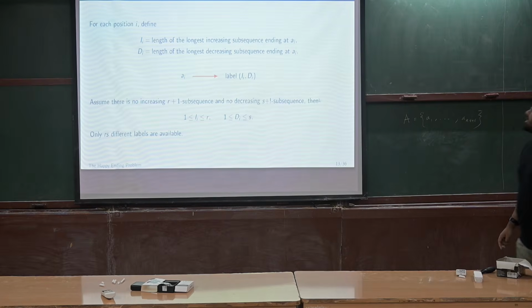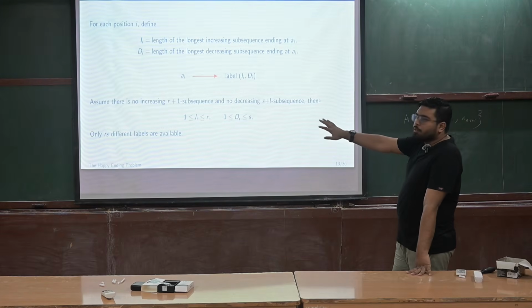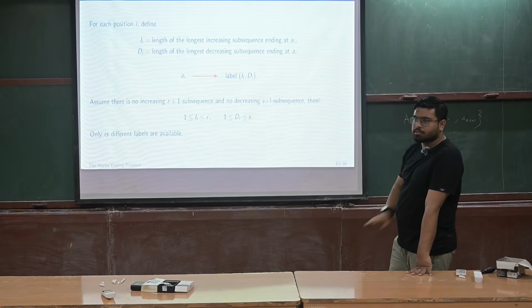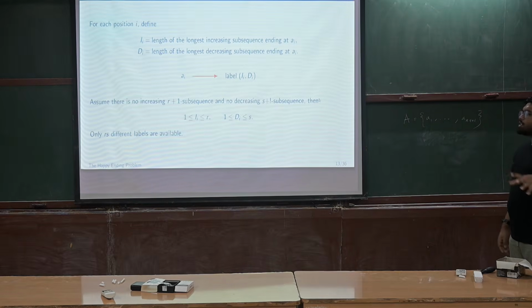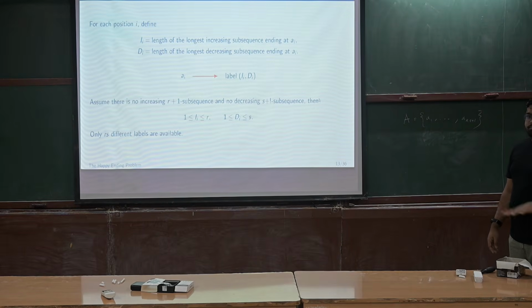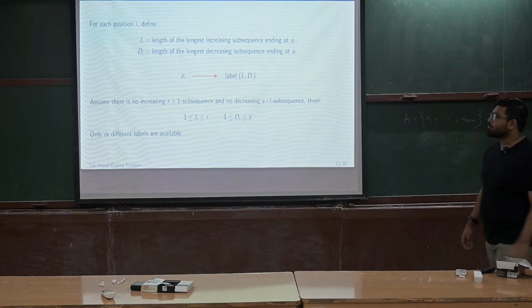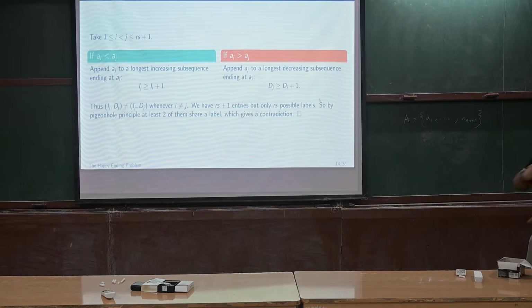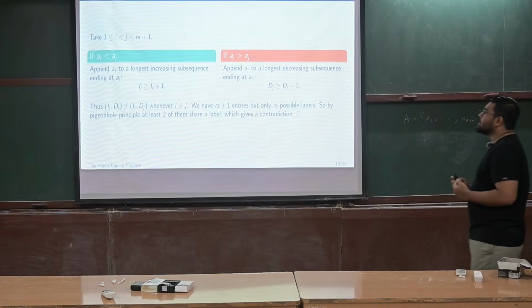Then the longest increasing subsequence lies between 1 and r, and the longest decreasing subsequence lies between 1 and s. So in that case, there are only rs different labels possible. Clear? Because there are r possible longest-increasing values and s possible longest-decreasing values, you have broadly rs different labels. Now what you do is you case bash a bit.